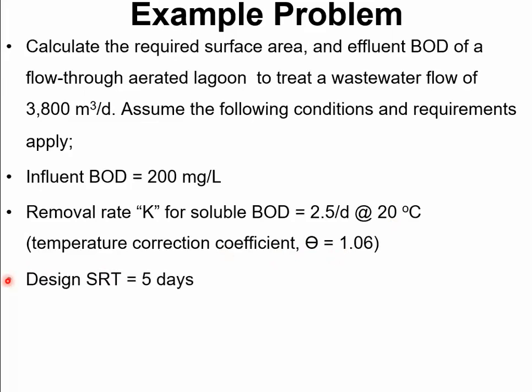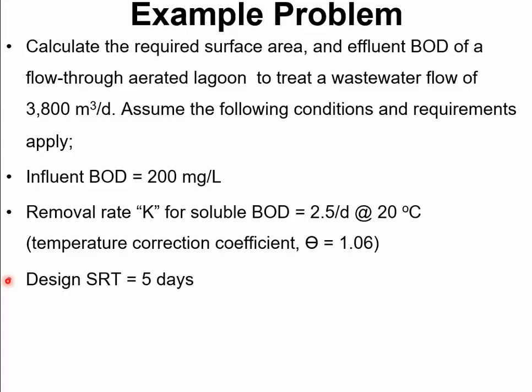Design sludge retention time or mean cell residence time is 5 days. Now for an aerated lagoon, sludge retention time and detention time are both the same, because sludge is not being recirculated, as was the case in the activated sludge process. In activated sludge, detention time is 4 to 8 hours, whereas mean cell residence time or sludge retention time is quite higher, in days, because sludge is being recirculated again and again.